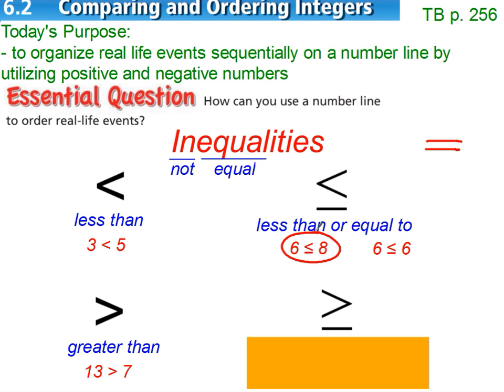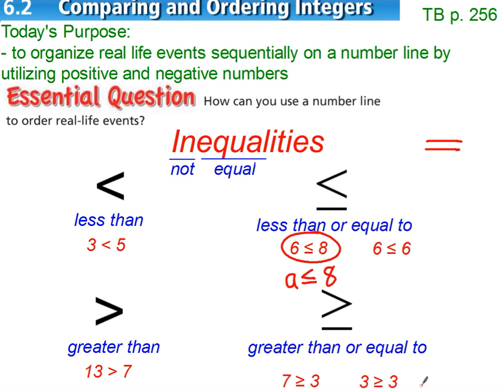But think about if I replace that 6 with a variable and I wrote A is less than or equal to 8. Now that does mean that A could be any number leading up to 7, but it would also include the number 8 since it could also be equal to. The same is true of the second symbol here.